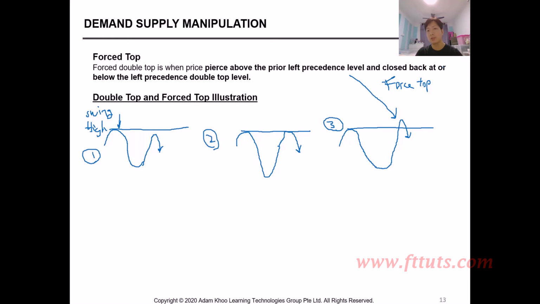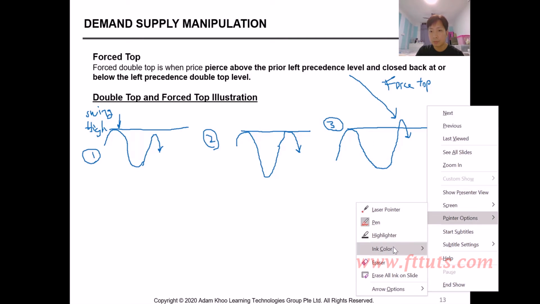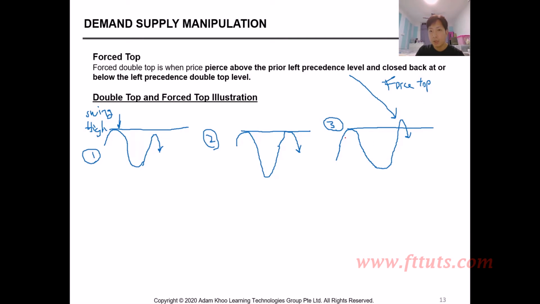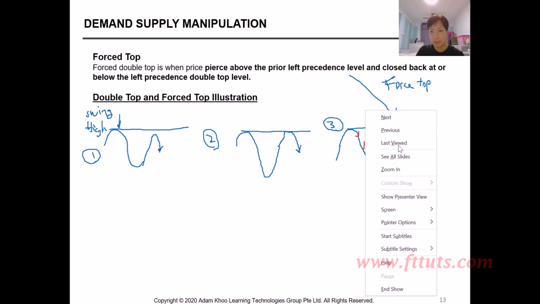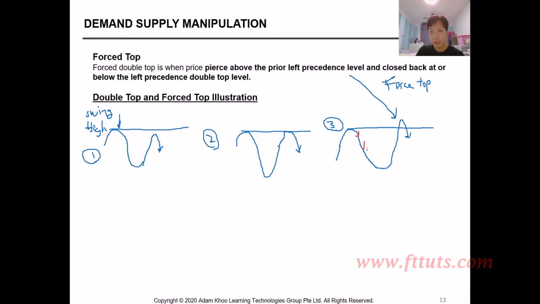So what's the significance? For example, in this chart pattern number 3, take a look at number 3. If the price is coming down, sorry, just let me take away this line here. Price coming down. When the price is coming down like this, there is a bearish impression.